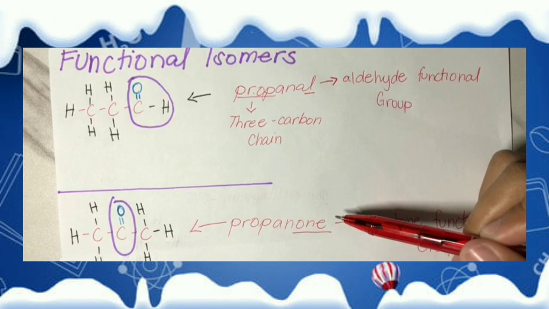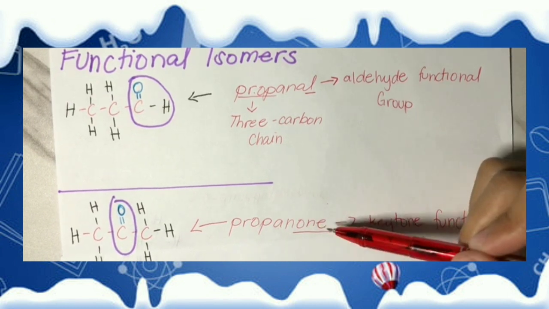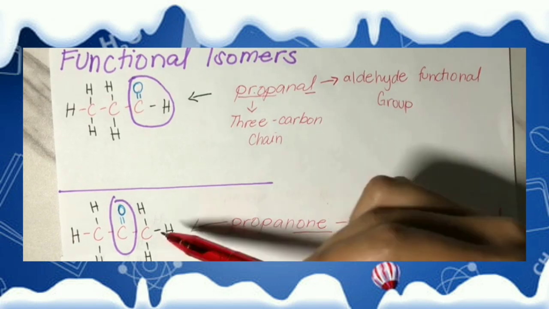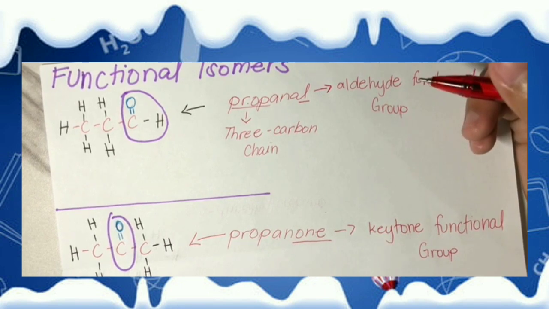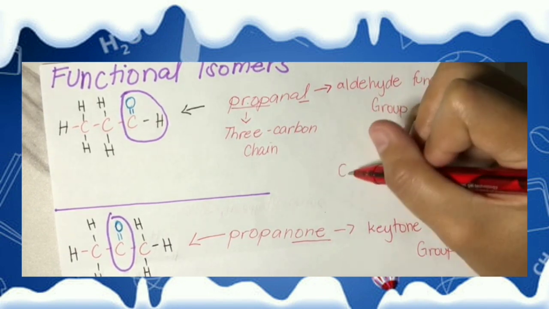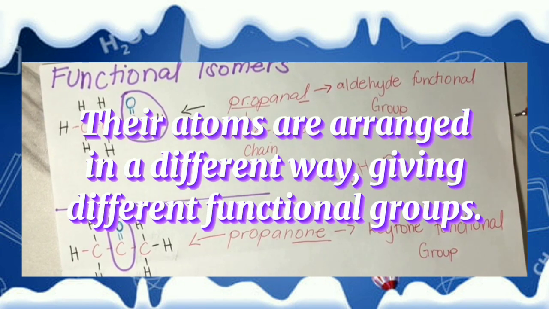And the second molecule is propanone. The one here is the suffix indicating that it is a ketone functional group. And again, we have a 3 carbon chain. Both these functional isomers have a molecular formula of C3H6O. But their atoms are arranged in a different way, giving a different functional group.